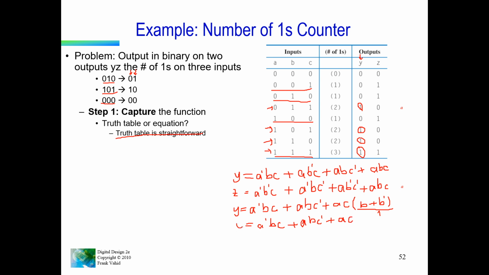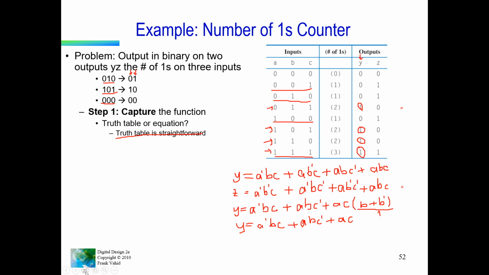So for instance, I simplified Y. So at step 2a, I will first find the Boolean equations, and then I can try to simplify them so that I can design this by using less number of logic gates.